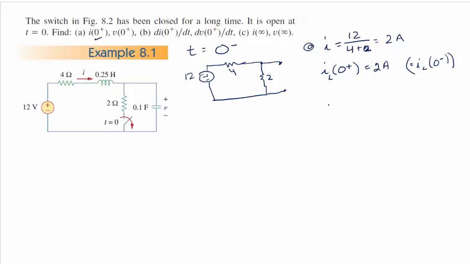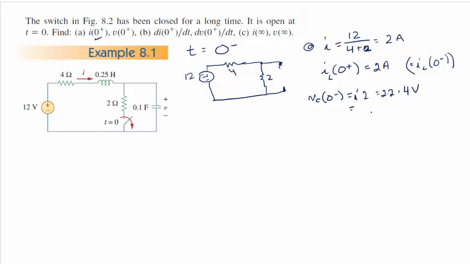Okay, so what is V at time 0 plus? At time 0 minus, the V is right here. The capacitor is open, so we can get that. V in the capacitor at time 0 minus is this I times R, 2 ohms. So 2 times 2 equals 4 volts.